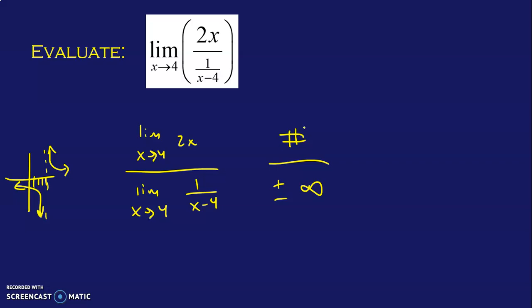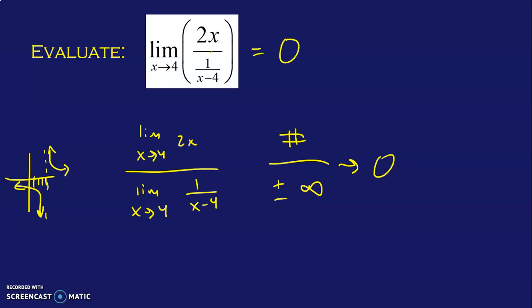Now, whether I do a number divided by positive infinity or a number divided by negative infinity, when we talk about limits, those are both going to be 0. It's either going to be an infinitely small positive number or an infinitely small negative number, but those both evaluate to be 0. So this limit is actually 0.